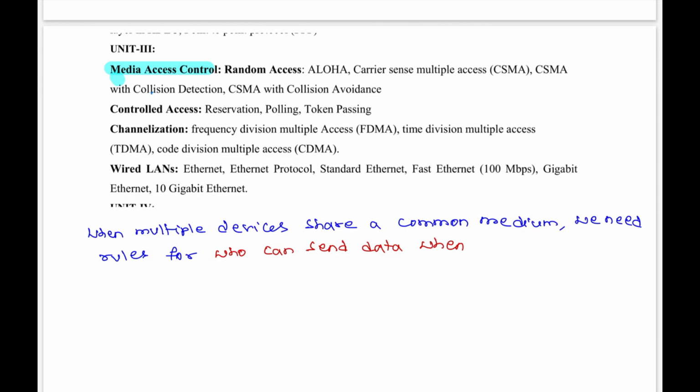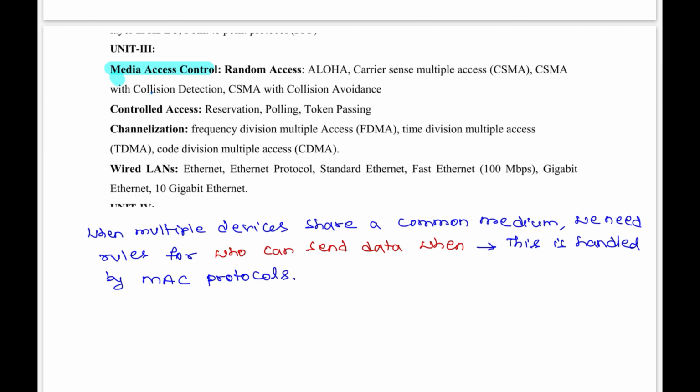Okay, so this is handled by MAC protocols, media access control protocols.